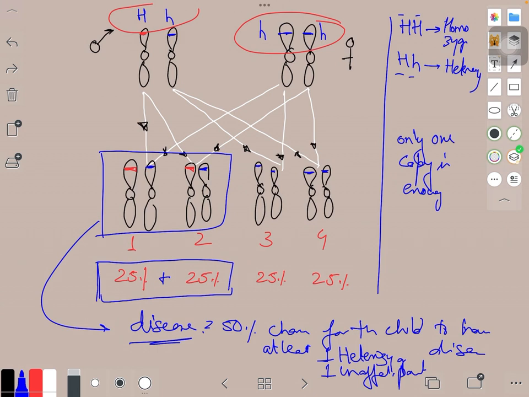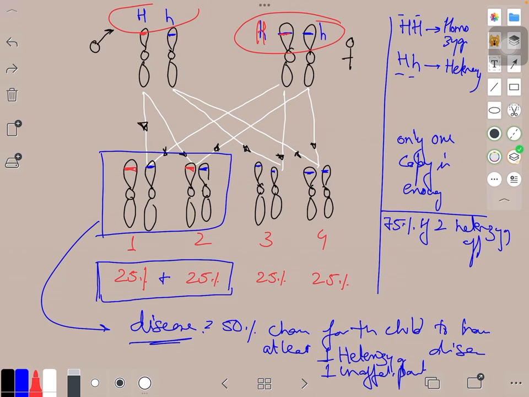Good. Now there will be about a 75% chance if both of the parents are heterozygous and affected. Okay, so in simple words, let's say this part was affected, and called HH.